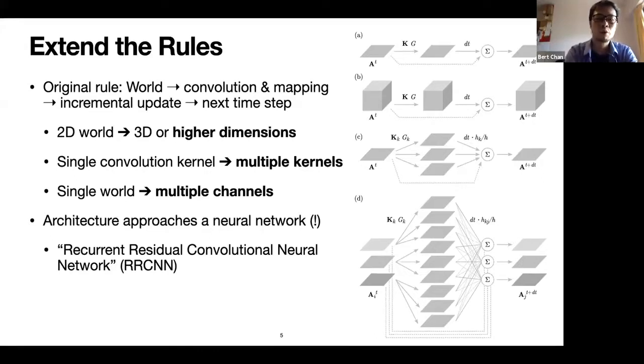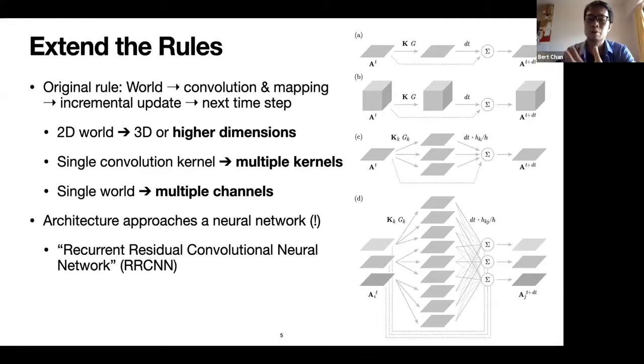And for the convolutional kernel, we multiply the single one into multiple kernels. And for the world, now it's not just one grid, we produce multiple channels.